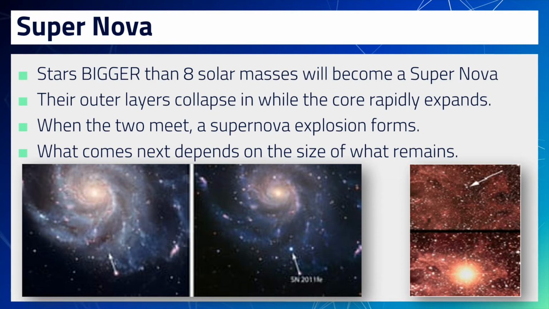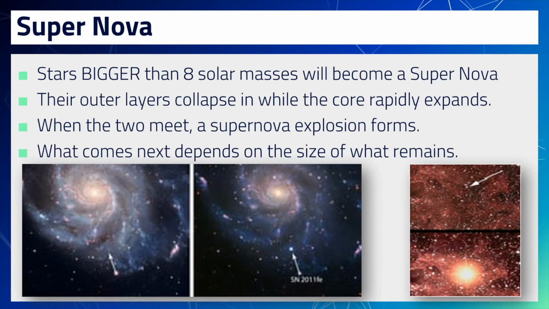And as those outer layers move inwards, the core starts to rapidly move outwards. So you've got the outer layers coming in and the inner layers moving out, and eventually those two layers meet. And when they meet and they collide, that's where you have a supernova explosion forming. Again, after that, what happens also depends on what is left and how big that is.